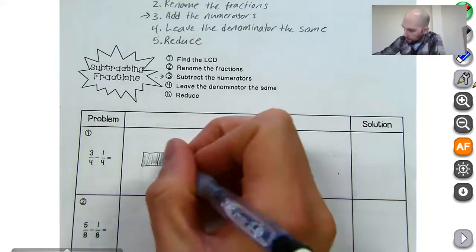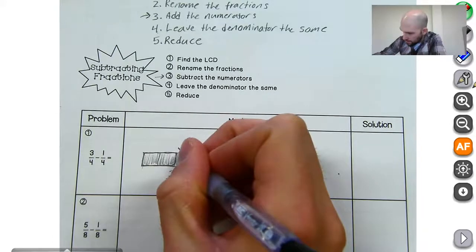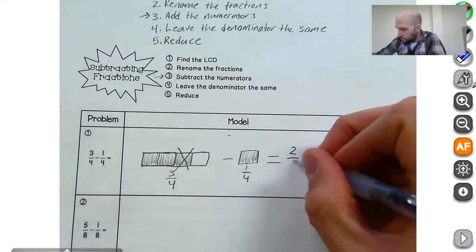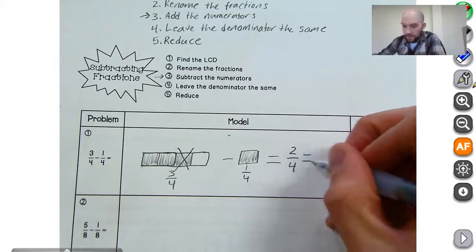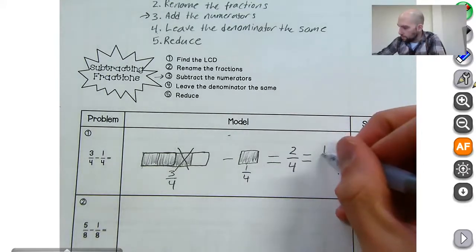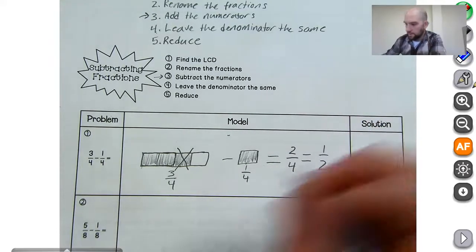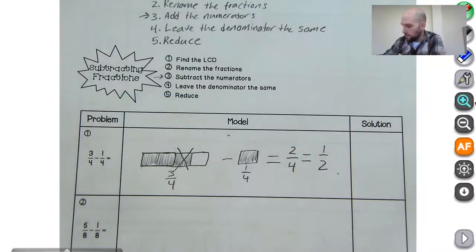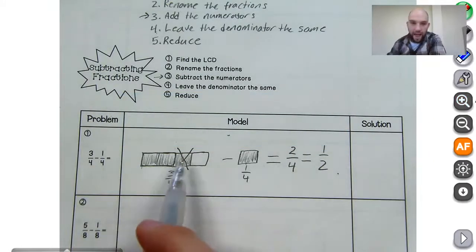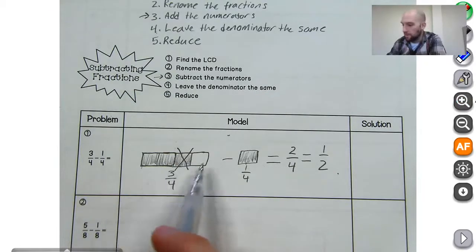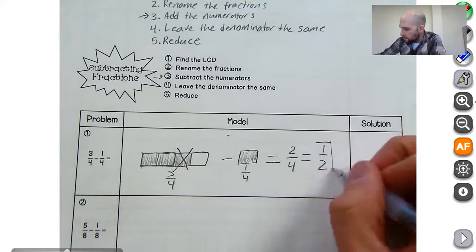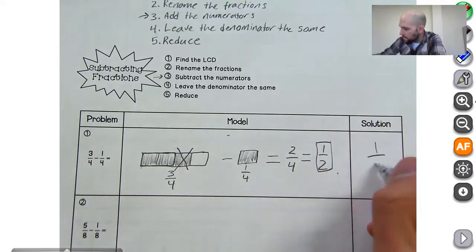Well, we have 2/4 left. Then we just need to reduce. 2/4 is equivalent to 1/2. And as you can see, if we have just these two here, we're going to have half of our rectangle left. So that makes sense that we'd have 1/2. Oh, and we'll put that in our solution box, 1/2.